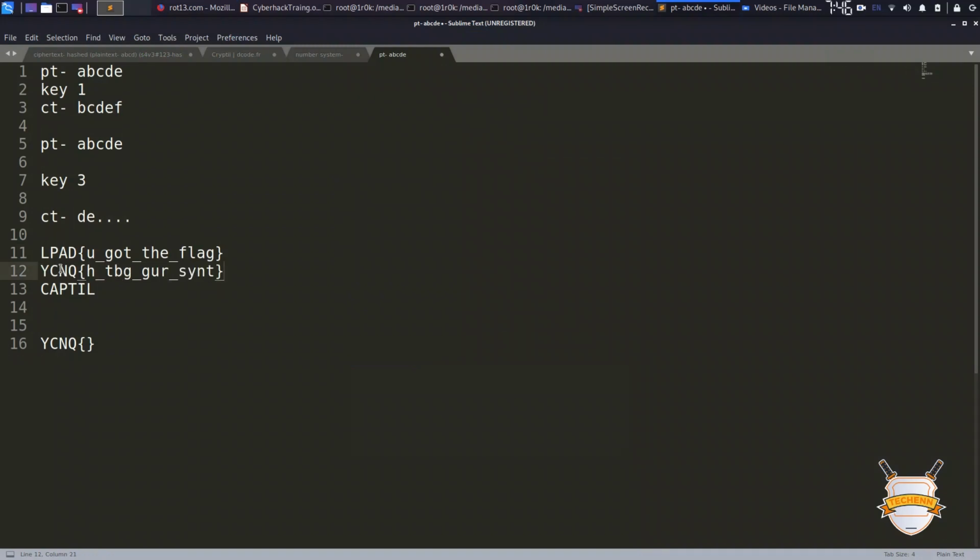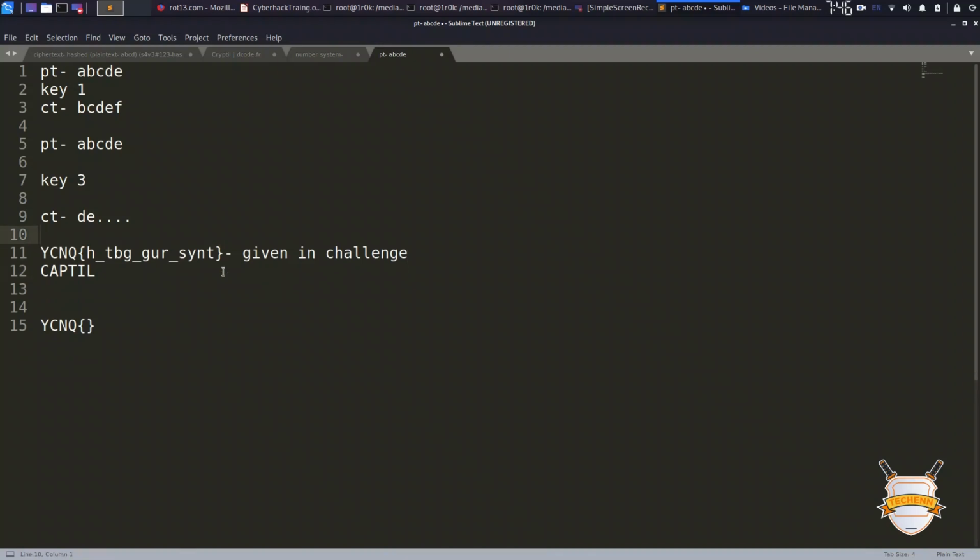This will be your encrypted part, or the ciphertext which will be given to you in the challenge. You don't know this, but you know the flag format is LPAD, and since LPAD is all capital and the first four letters of the flag challenge are also capital, it might be a ROT cipher. We don't know exactly which key will be there.